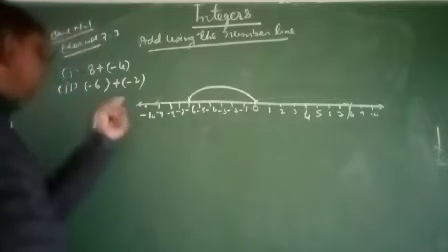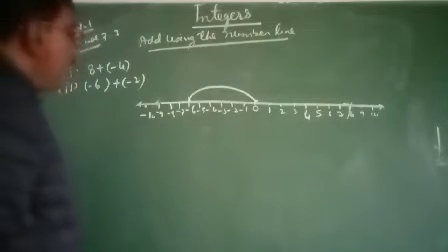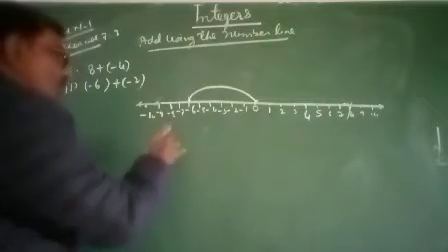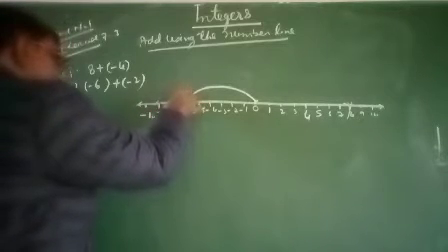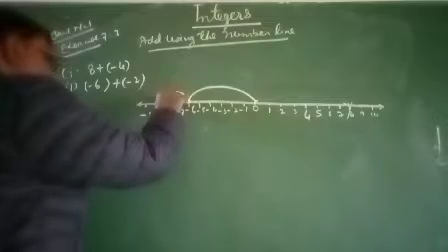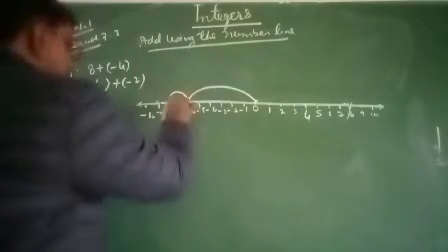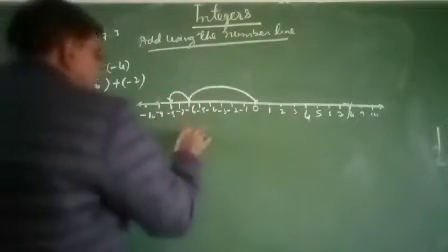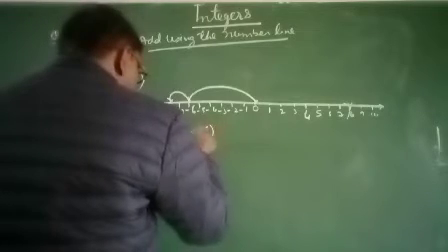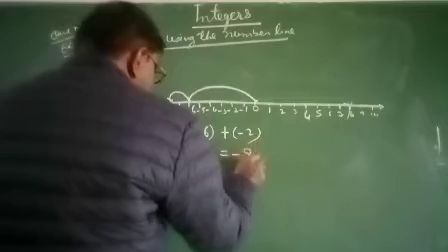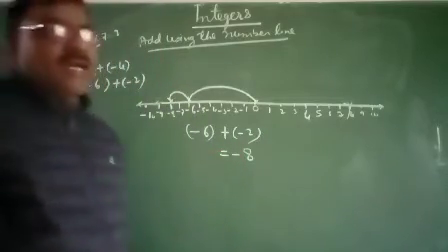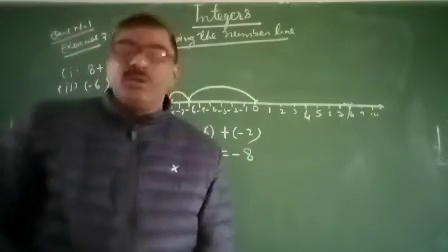So here, I will move left 2 steps from minus 6 and reach at minus 8. So minus 6 plus minus 2 equals minus 8. Now, dear students, I hope that this is clear to you.